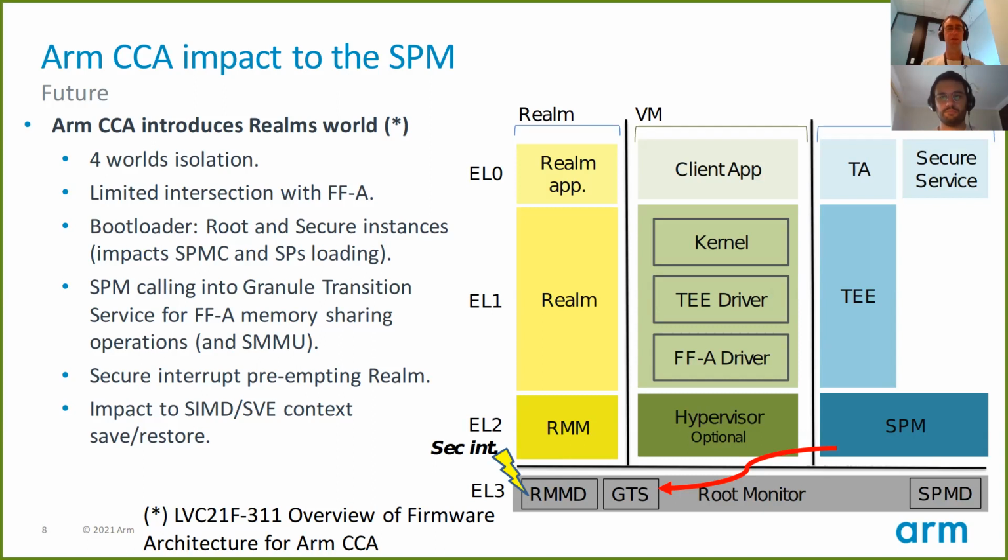And we also have the use case of a secure interrupt preempting a realm and the handling done in the secure world. Please refer to the presentation from Sudi and Dan about Arm CCA to gather more details in the same Linaro Connect forum.